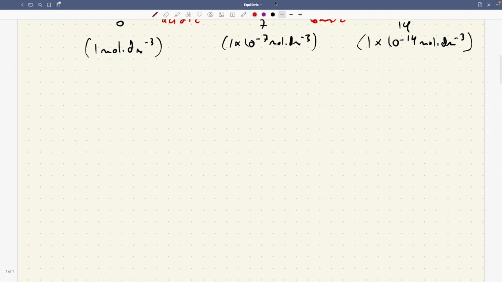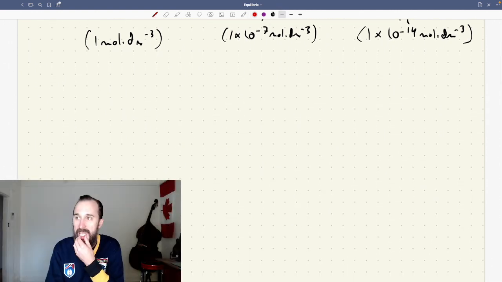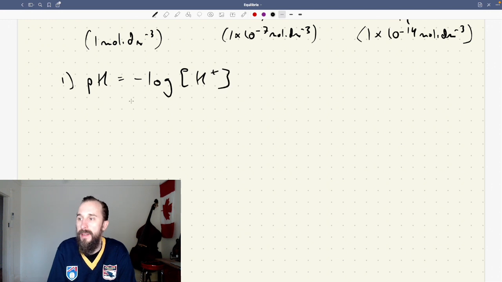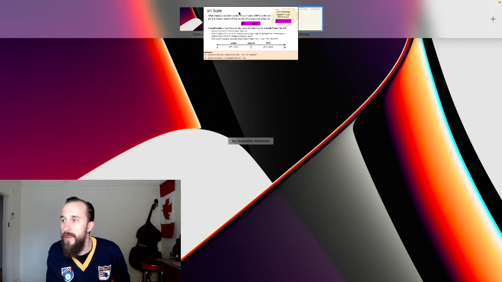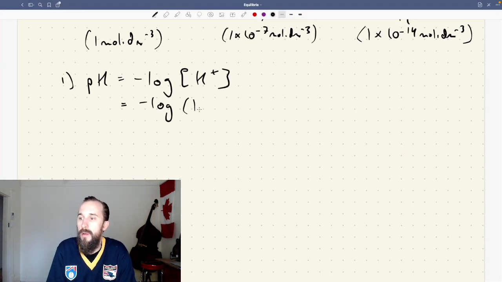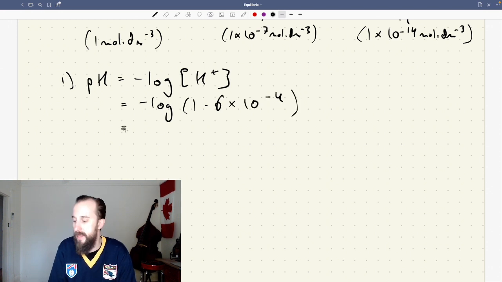So our first one, we were being asked to calculate the pH of a solution, which we know is equal to the minus logarithm of the concentration of H plus. So that's going to be equal to the minus log of our value, which is going to be 1.6 times 10 to the minus 4 moles per decimeter cubed.